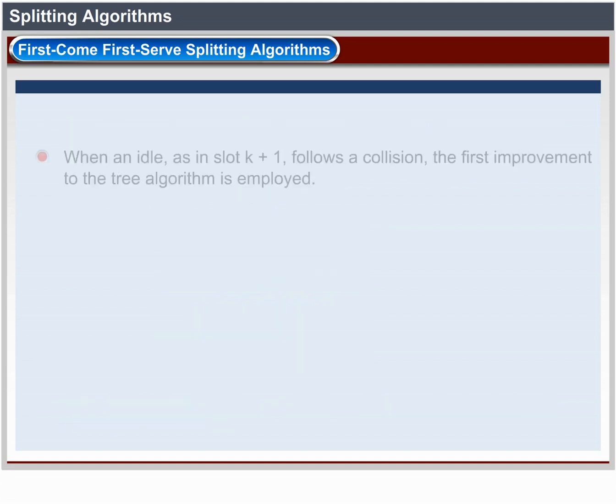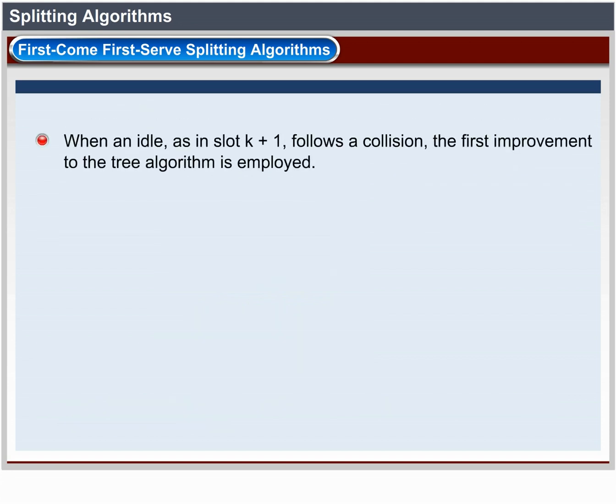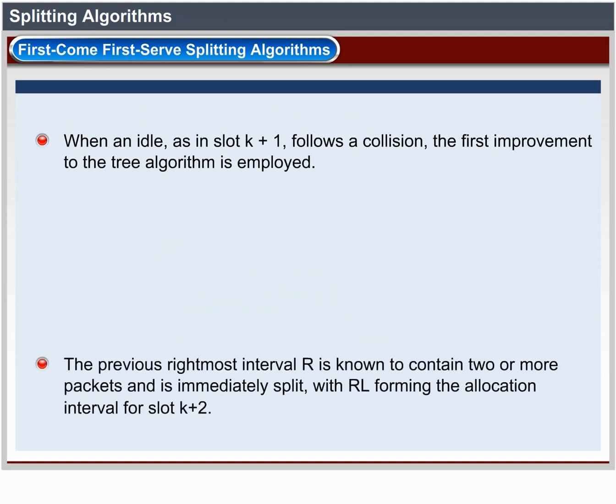When an idle, as in slot k plus 1, follows a collision, the first improvement to the tree algorithm is employed. The previous rightmost interval R is known to contain two or more packets and is immediately split, with RL forming the allocation interval for slot k plus 2.